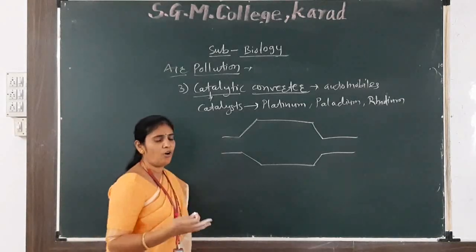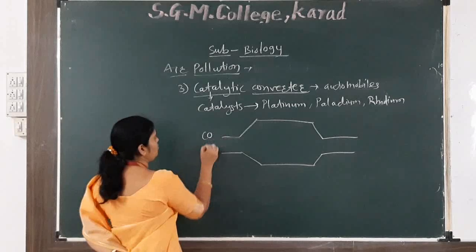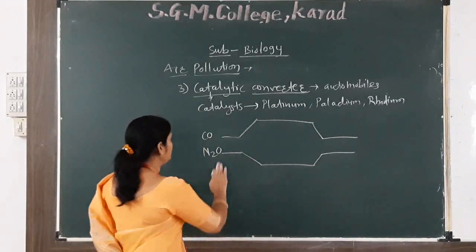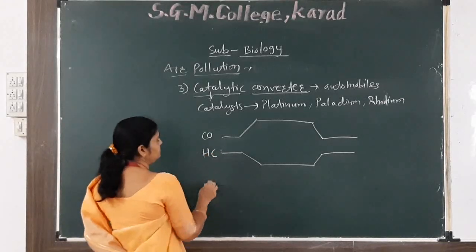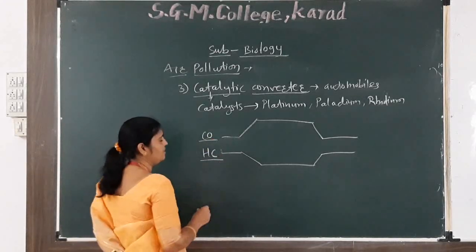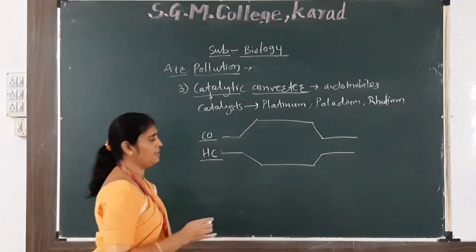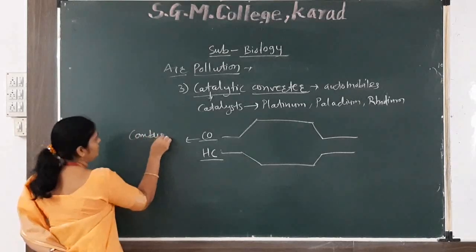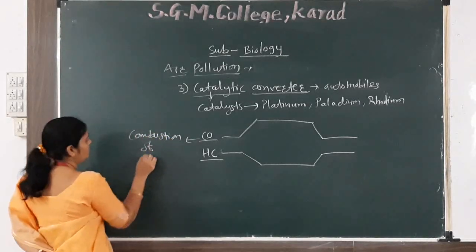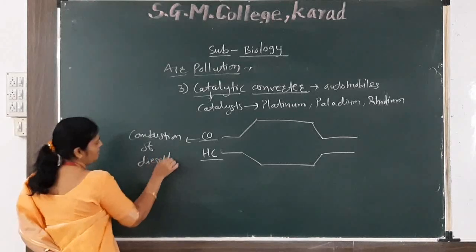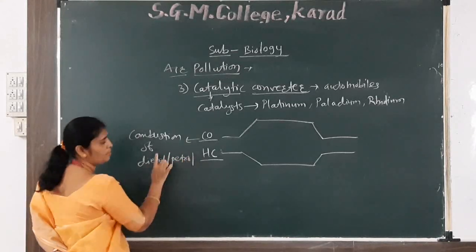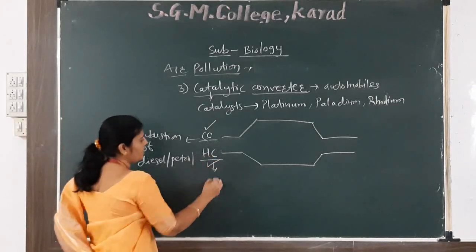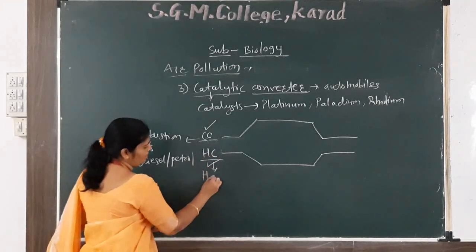From combustion of petrol and diesel, carbon monoxide, nitrogen oxides and hydrocarbons are produced, which are the harmful particles. Due to this combustion, carbon monoxide and hydrocarbons are produced, which are very harmful.